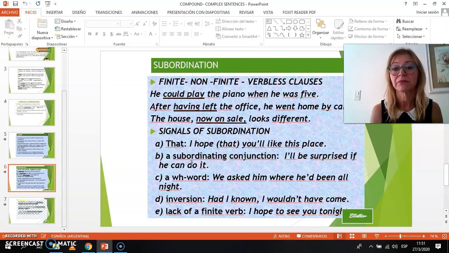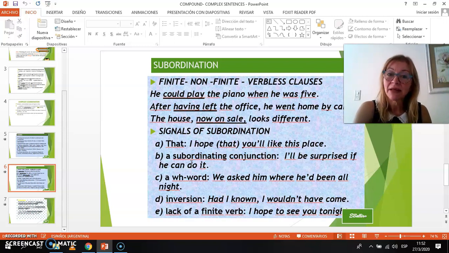For example, the first one, he could play the piano when he was 5. This is an example of a finite clause. Why? Because the verb phrase has a verb in the finite form. Remember that modal verbs are always considered finite.